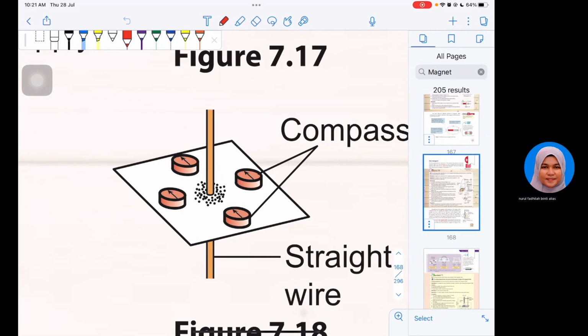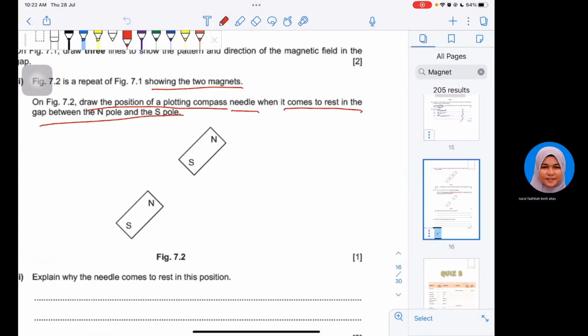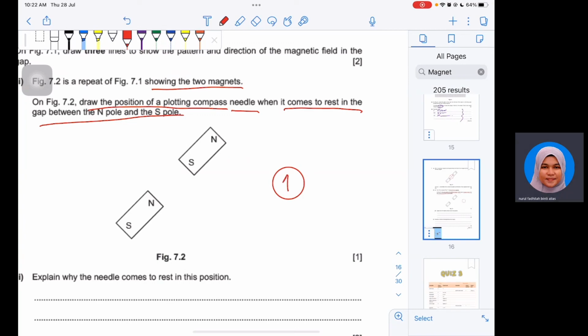Jadi itulah soalan dia. So dia kata kat sini kita ada compass. You need to know compass selalunya if there is no magnetic source, the needle always pointing to the north of the earth. Betul?